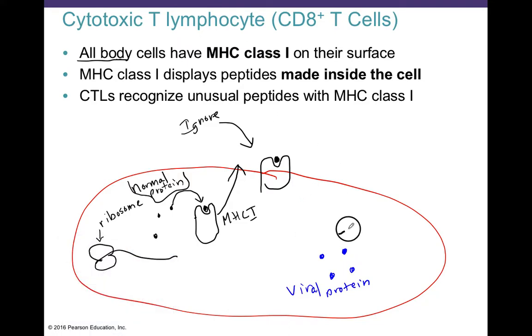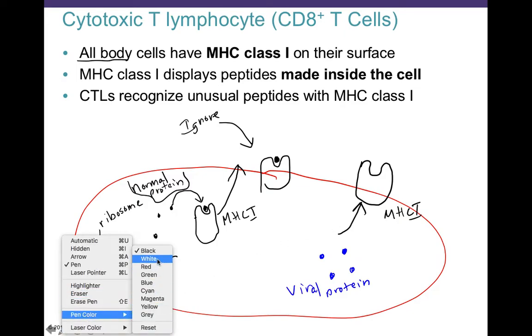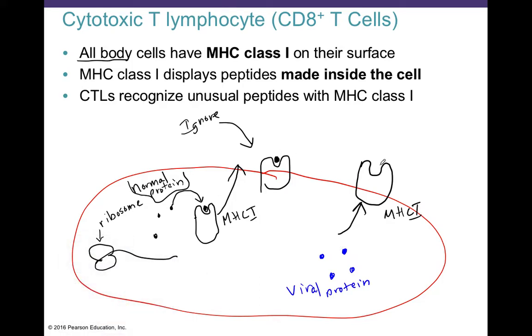And these viral proteins are also going to bind with MHC1. These are all MHC1. And that MHC1 is just always picking up a little bit of what's going on inside the cell. It's kind of an internal surveillance system.